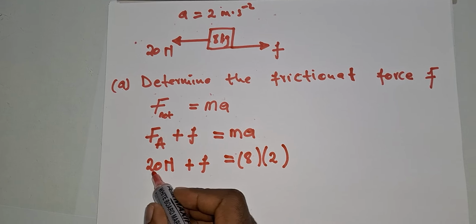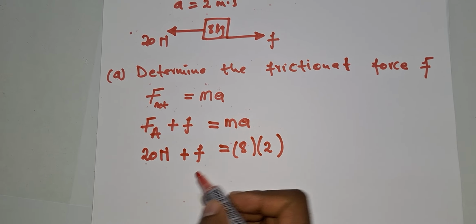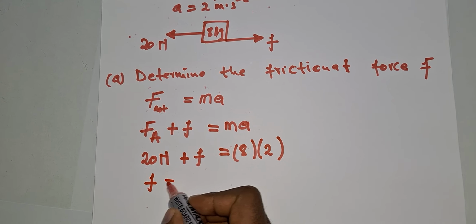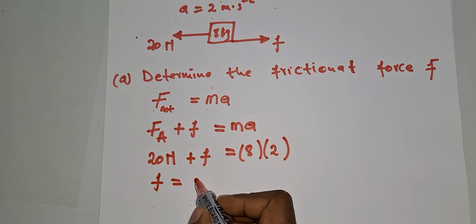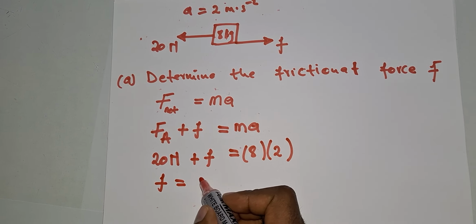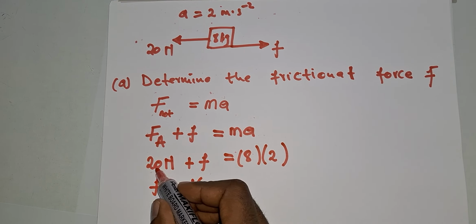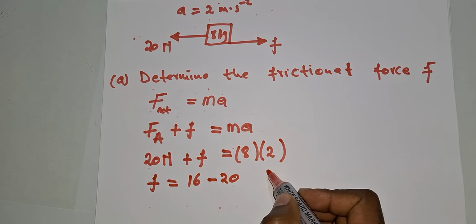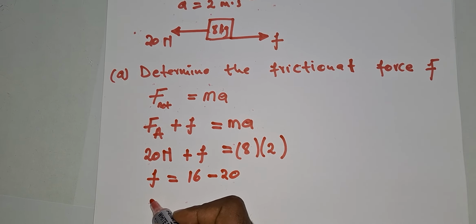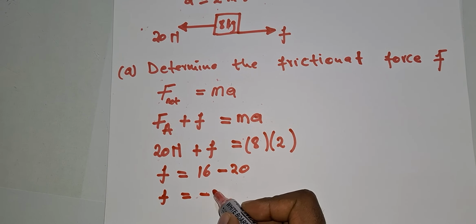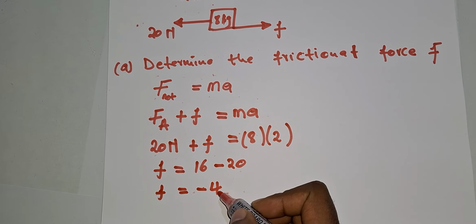So if we solve for f, this is just basic mathematics. We just do this times this, 8 times 2, it is going to be 16. Then we minus this 20. Then we will say frictional force is equal to minus 4, right?